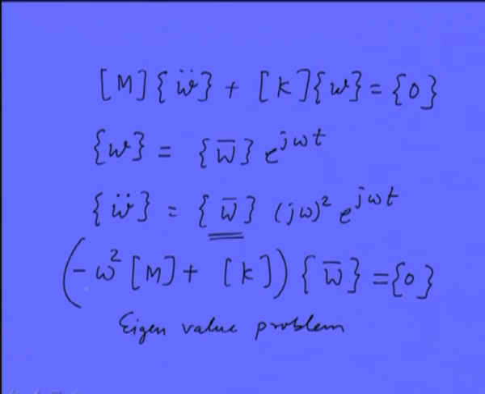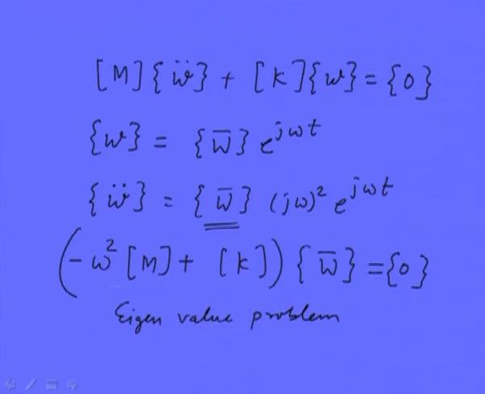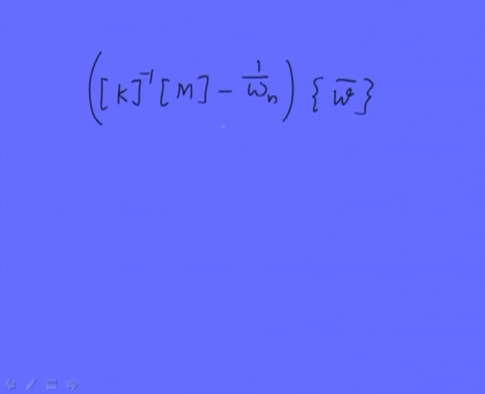So, in the previous equation, if we multiply the whole terms by k inverse, we will get k inverse m minus 1 over omega square times identity. I have taken omega this side.